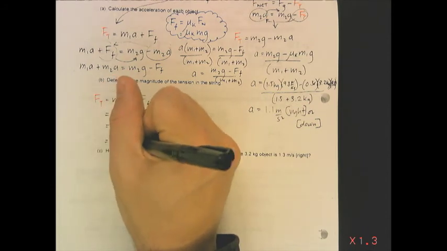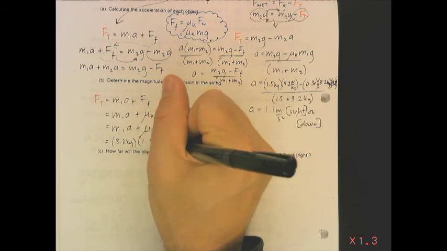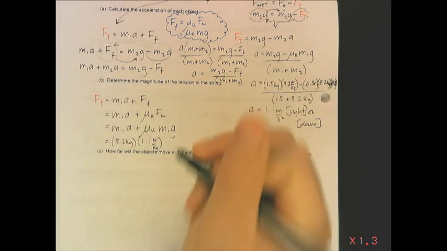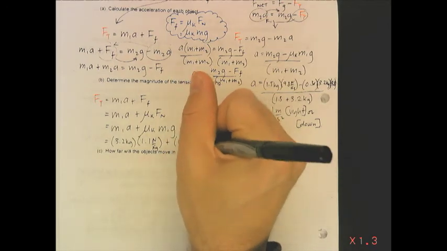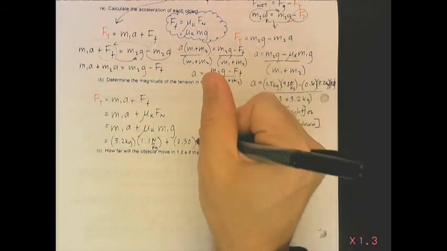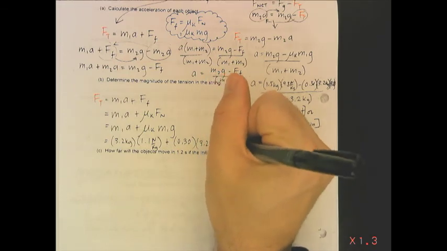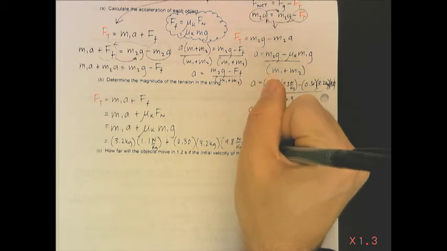So 3.2 kilograms. We've determined the acceleration to be 1.1. Instead of meters per second squared, for this I'm putting in newtons per kilogram. Plus the coefficient from the question is 0.30. The mass is 3.2. And g is 9.8 newtons per kilogram.